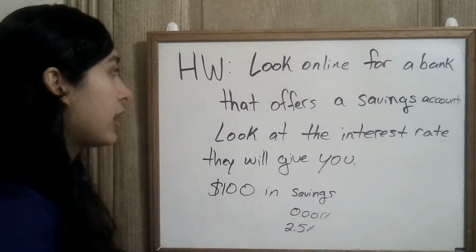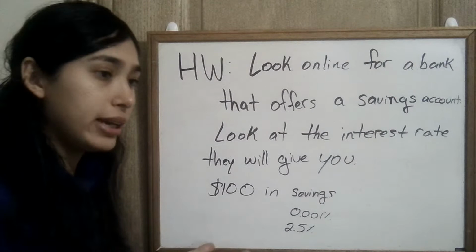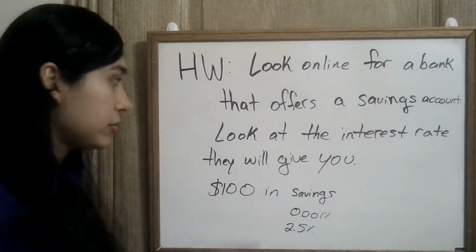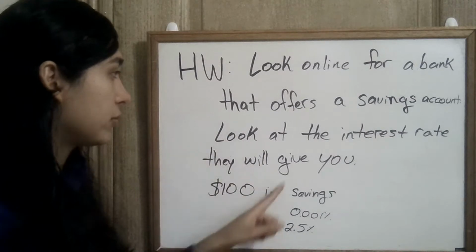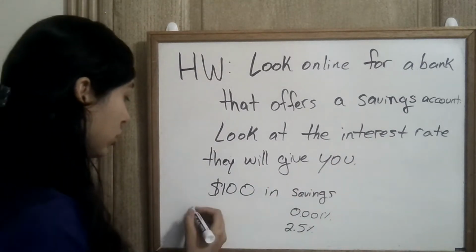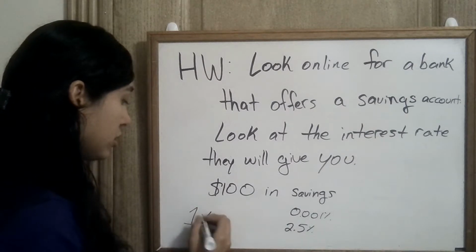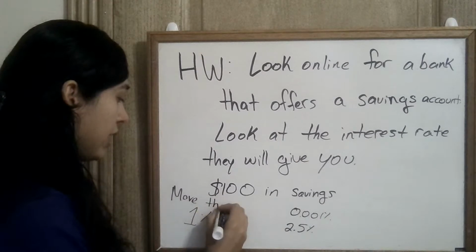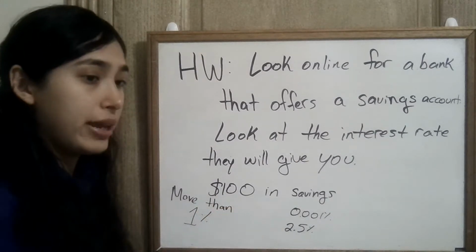So just for your homework, I'd like for you to look up any random bank and find one that has an interest rate on a savings account that is more than 1%. And I'm just gonna want to know what the name of that bank is.